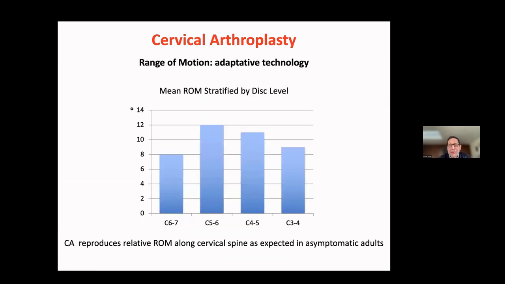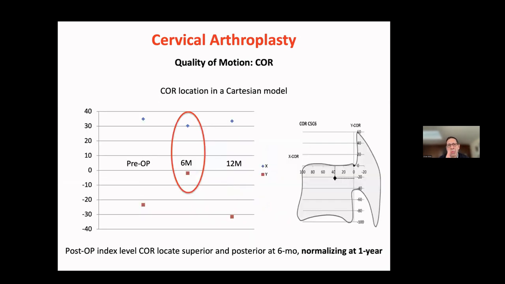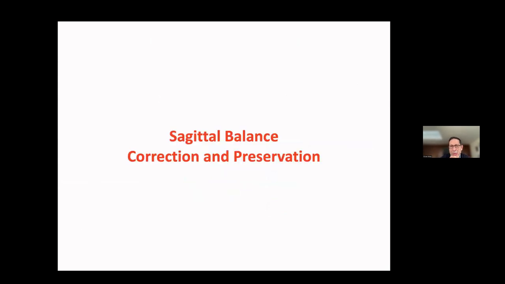We found a very good reproduction of the range of motion along the cervical spine, as expected in asymptomatic adults. This is what I call an adaptive technology. The center of rotation location became normal 1 year after the operation. So you need quite extended follow-up to see the advantages of arthroplasty.